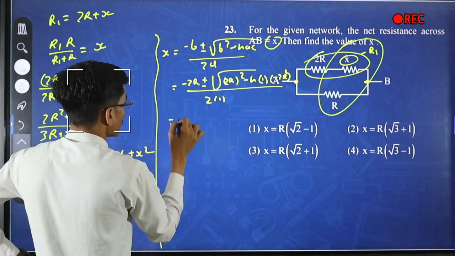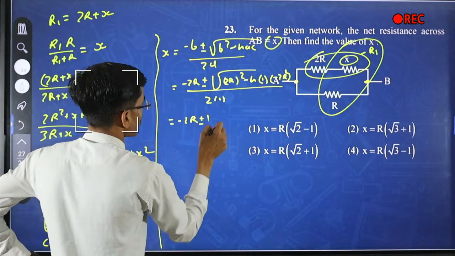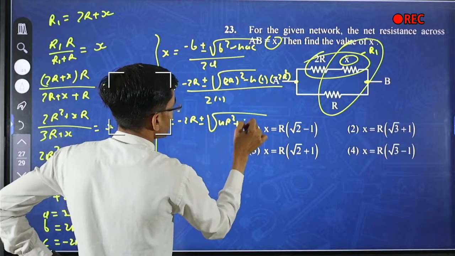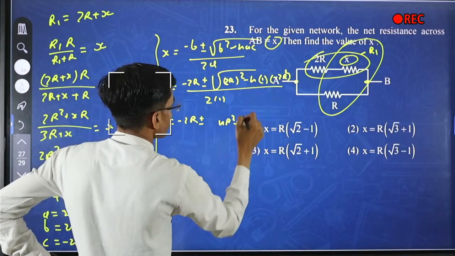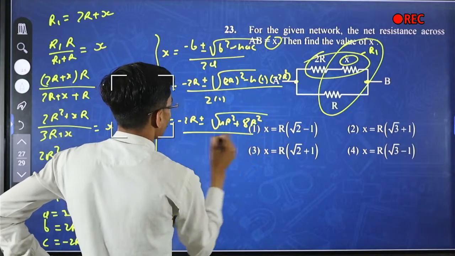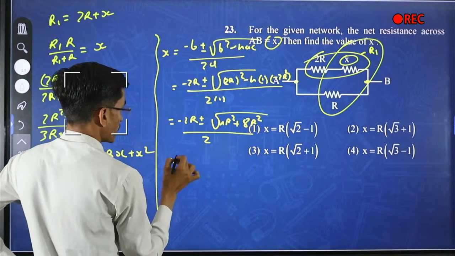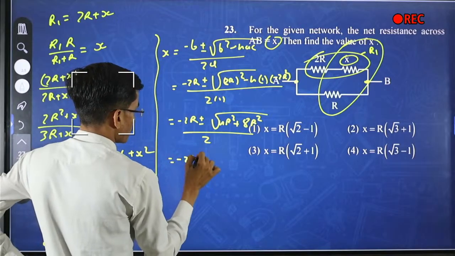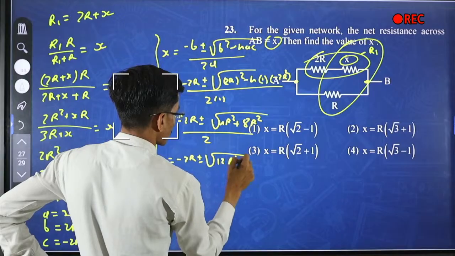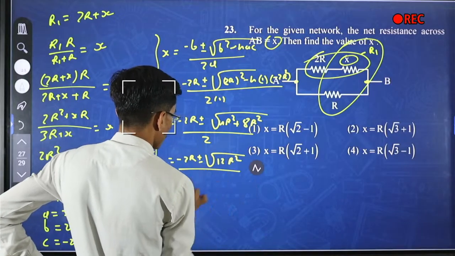And simplifying, minus 2R plus or minus root of 4R square plus 4 into 2, which is 8R square, upon 2. So we can write minus 2R plus or minus root of 8 plus 4, 12R square, upon 2.